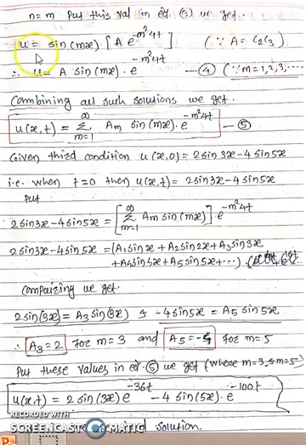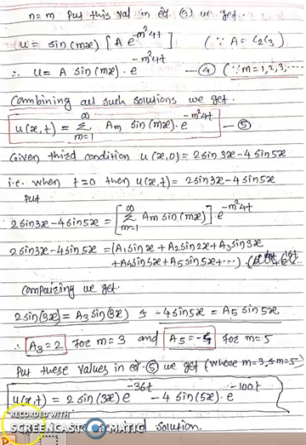We get U is equal to sin mx into C2 into C3 can be written as a single constant, that is A, capital A, into e raised to, n is nothing but m, so it is minus m square 4t, that is U is equal to A sin mx into e raised to minus m square 4t. Write it as equation number 4, where m is nothing but the value 1, 2, 3, and so on.